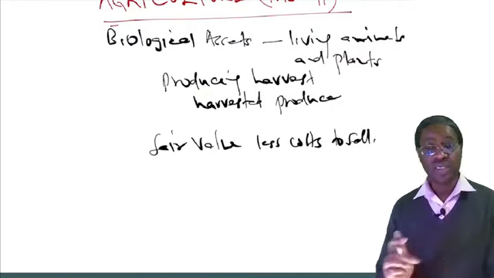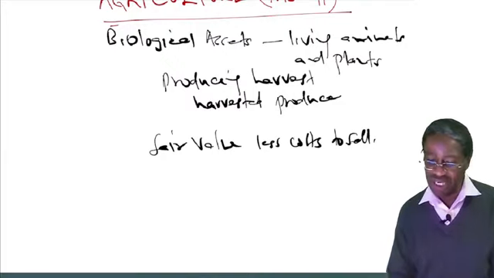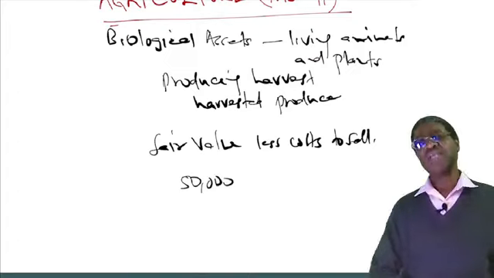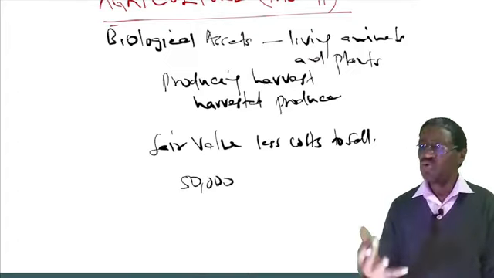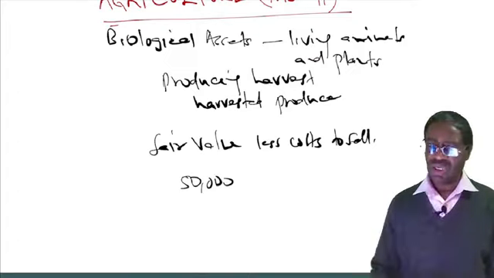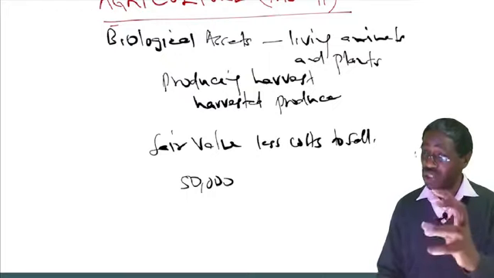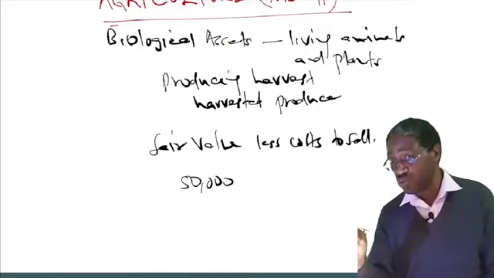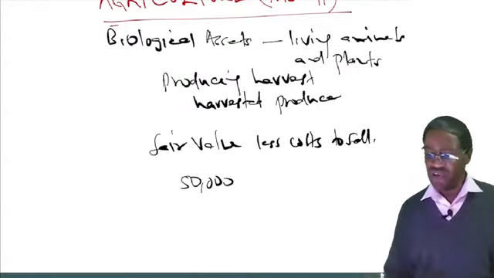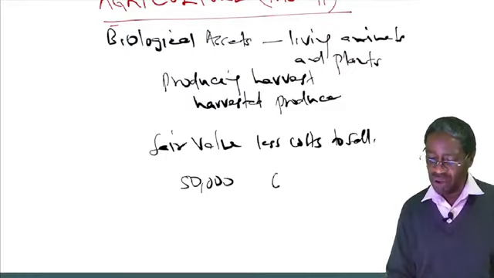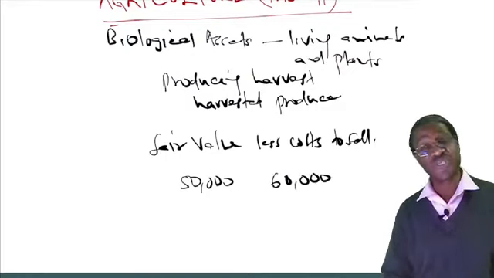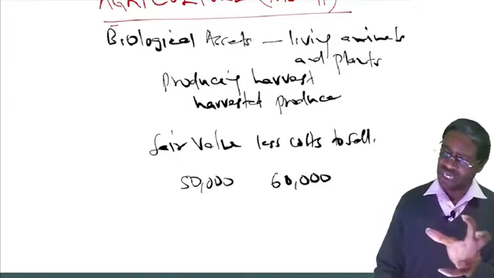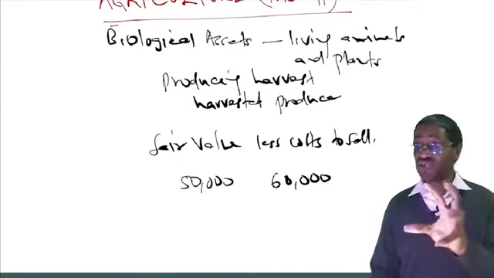Maybe the fair value of that asset at the beginning would be 50,000. Then by the end of the year, you are required to remeasure your biological asset again at its fair value less cost to sell. So if by the end of the year that biological asset has a fair value of 60,000, then that difference of 10,000 is the gain that you have made this year.